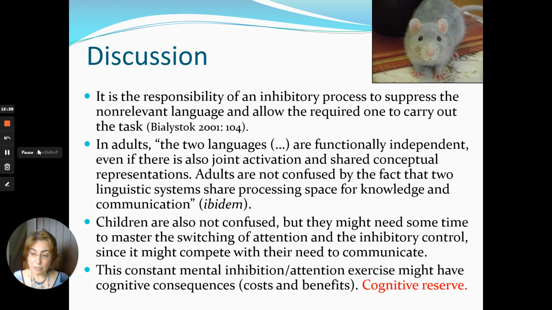So this idea of cognitive reserve came from seeing that there was extra exercise that multilinguals had to do on a daily basis, on a regular basis, in order to master these inhibition and attention tasks that are imposed by the mere fact of them having two languages.